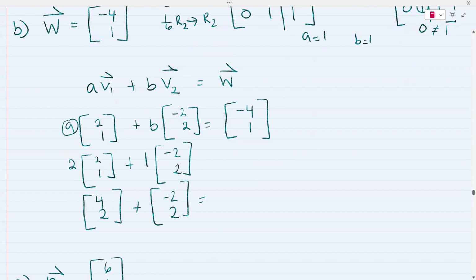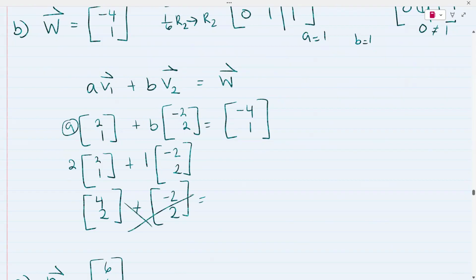Add them up. That's not going to give you negative 4 comma 1. So that's not going to work.